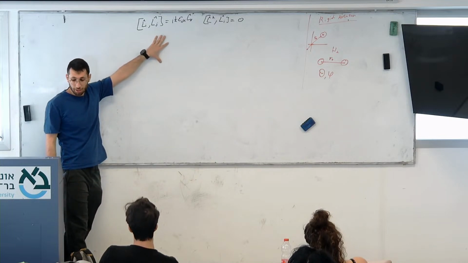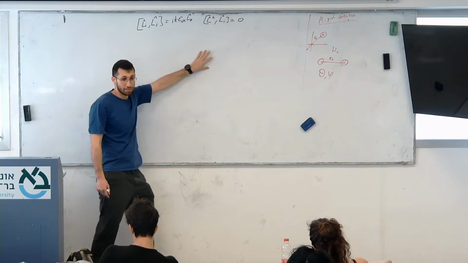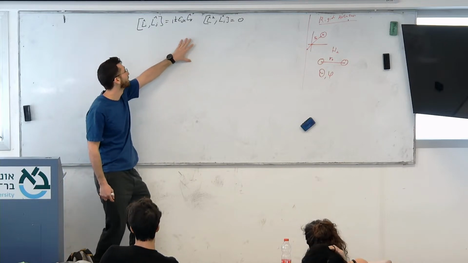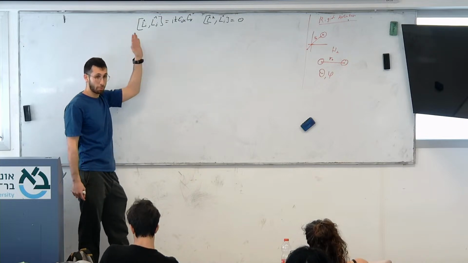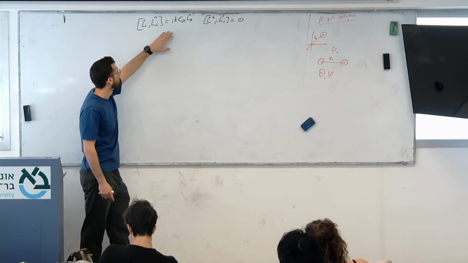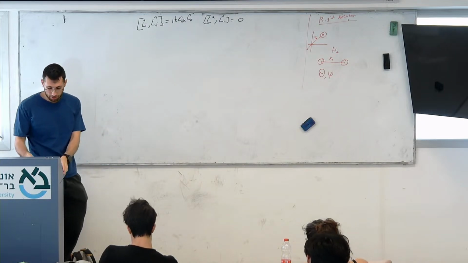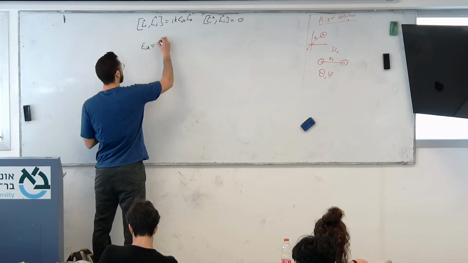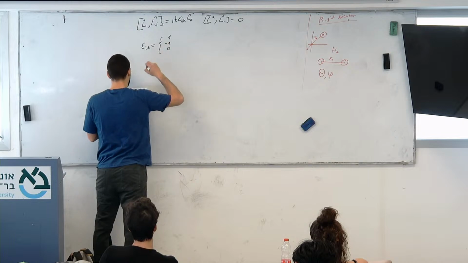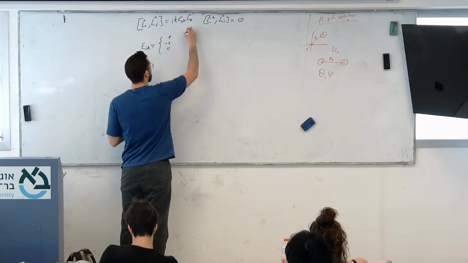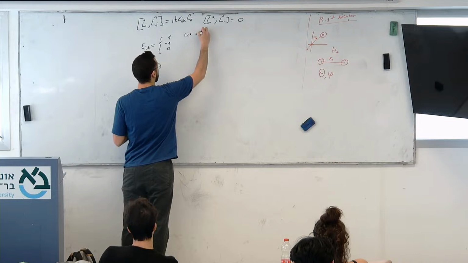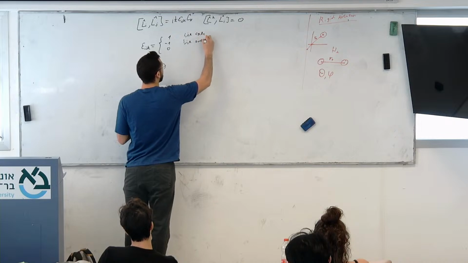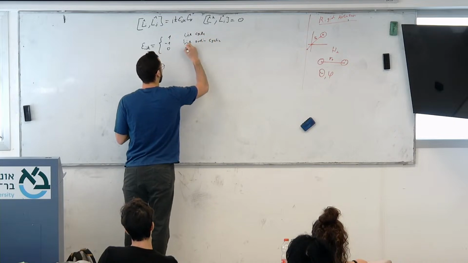This is what we usually call the algebra of, here, the angular momentum. So algebra in the sense of how they commute with each other. The Levi-Civita epsilon ijk is either 1, minus 1 or 0, depending on whether i, j, k are cyclic, anti-cyclic, or otherwise.